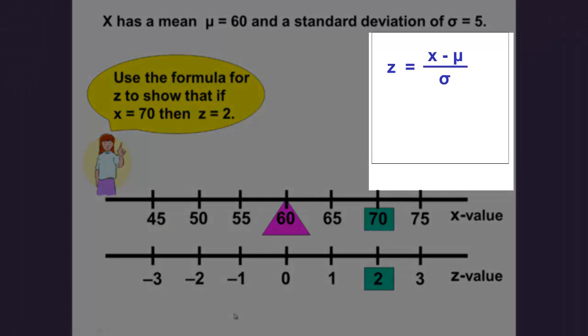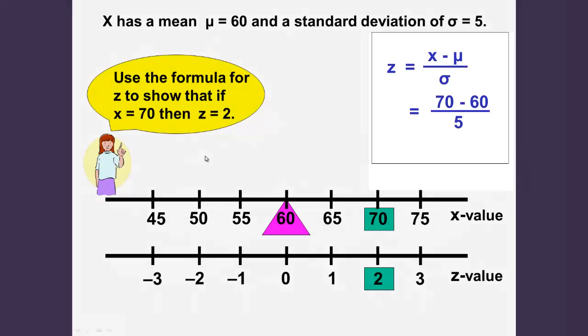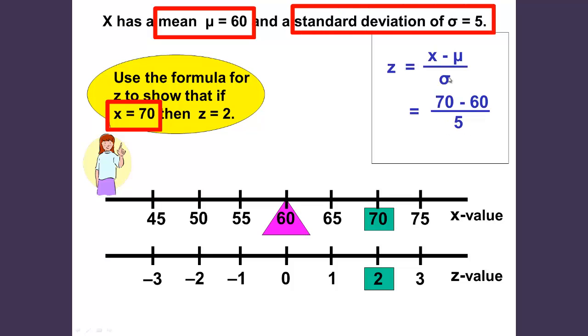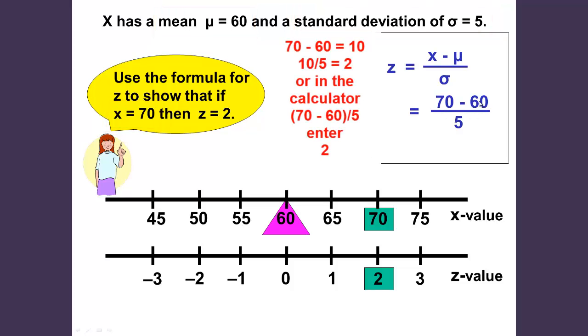Our formula is x minus the mean divided by the standard deviation. X is the x value, which is 70, minus the mean, which is 60, divided by the standard deviation, which is 5. 70 minus 60 must be calculated first. 70 minus 60 gives me 10. 10 divided by 5 gives me 2.